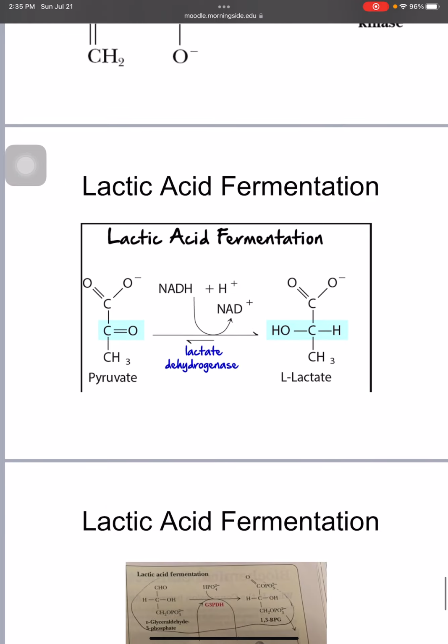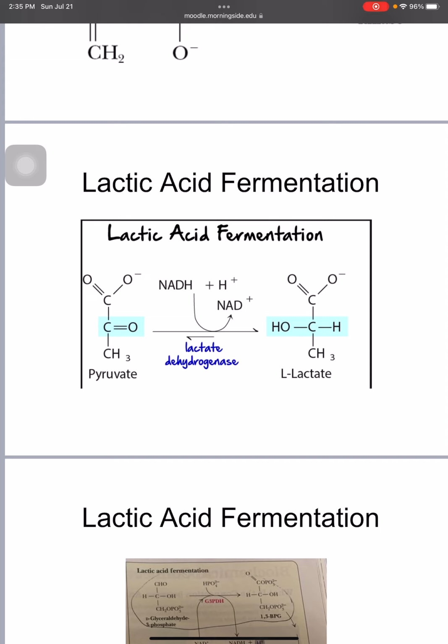All right, and here's a little outline of what happens here. Pyruvate, your 3-carbon pyruvate, is going to be converted into L-lactate or L-lactic acid, depending on whether that oxygen at the top is protonated or not.